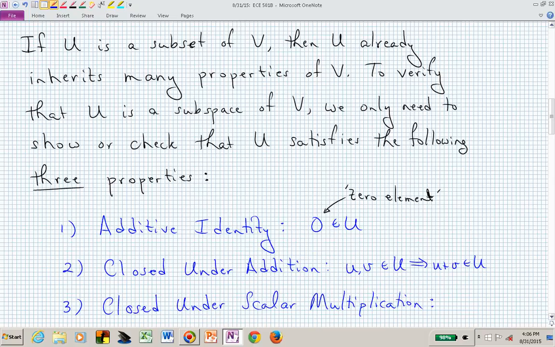So if you're checking to determine if this subset is indeed a subspace, then you simply need to check these 3 properties. One is that the subset contains the 0 element. Typically that's going to be the 0 or the origin, but we have seen vector spaces where the 0 element is not necessarily 0, or the origin.